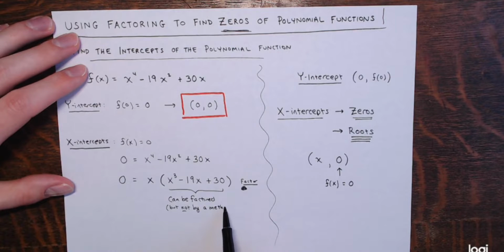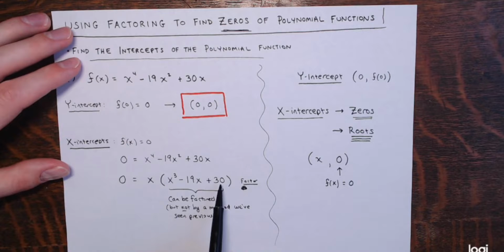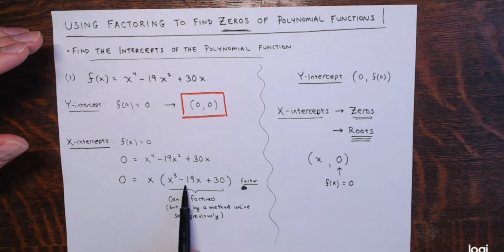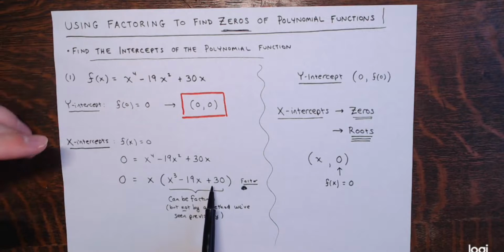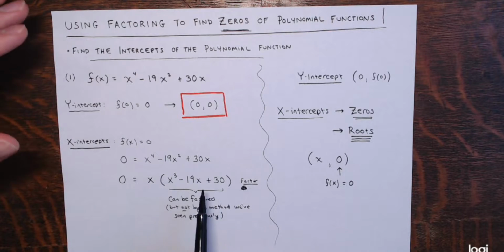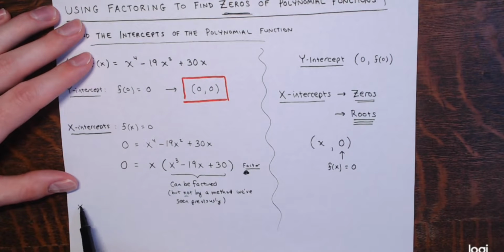And don't worry, we'll get to that method. Knowing that x equals 2 makes this 0 will actually lead you to a way to factor this. But for right now, I'm just going to leave it and say, remember that zero product property.